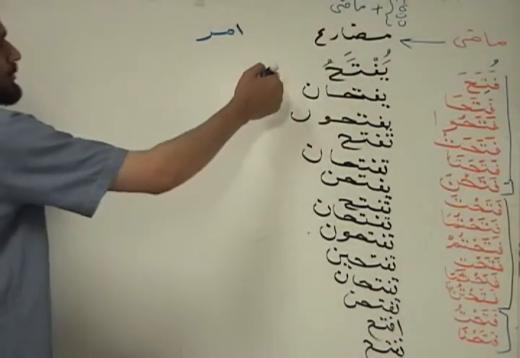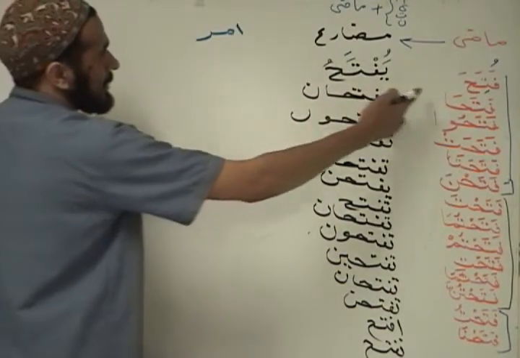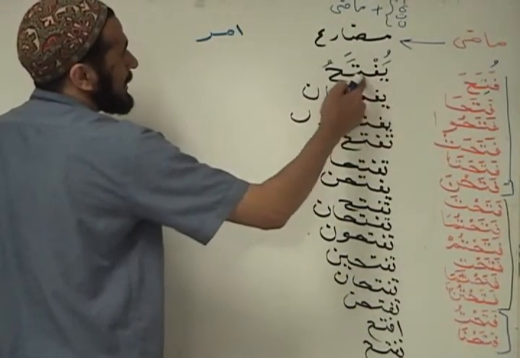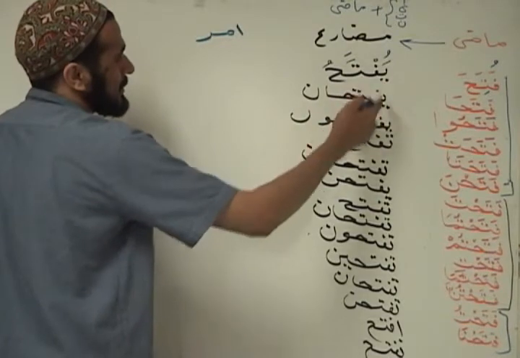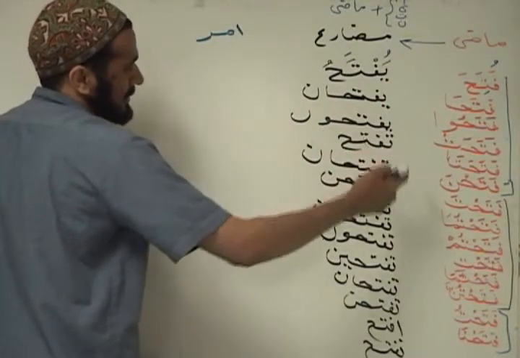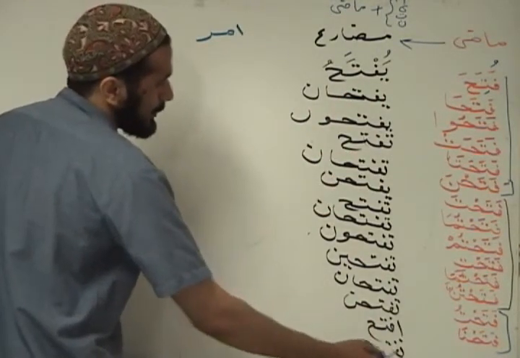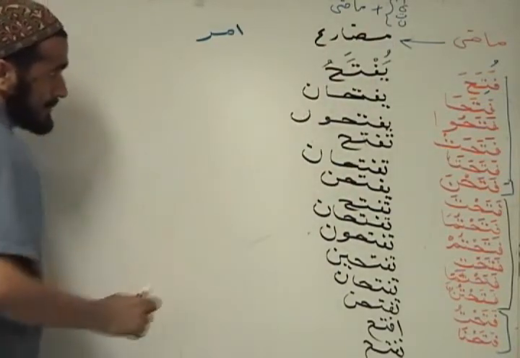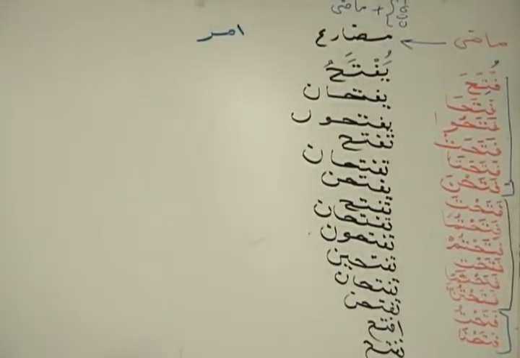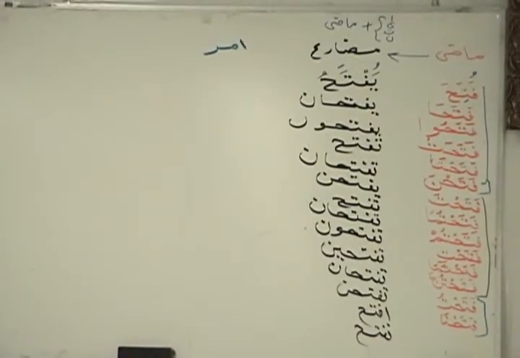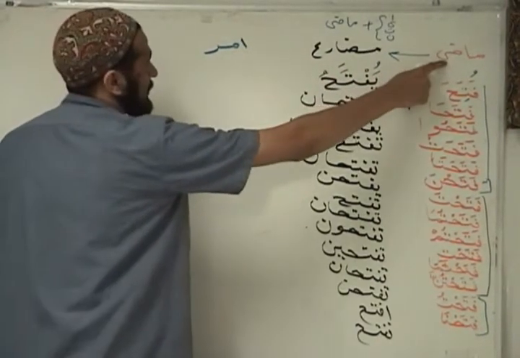Add those to madi and you get mudari'. Look. Fataha, right? Fa and ta and ha, you add a ya to it. Here you add a ta. Here you add an alif. Here you add a nun. So add one of these to madi and you get mudari'. So that's why we say mudari' is derived from madi.